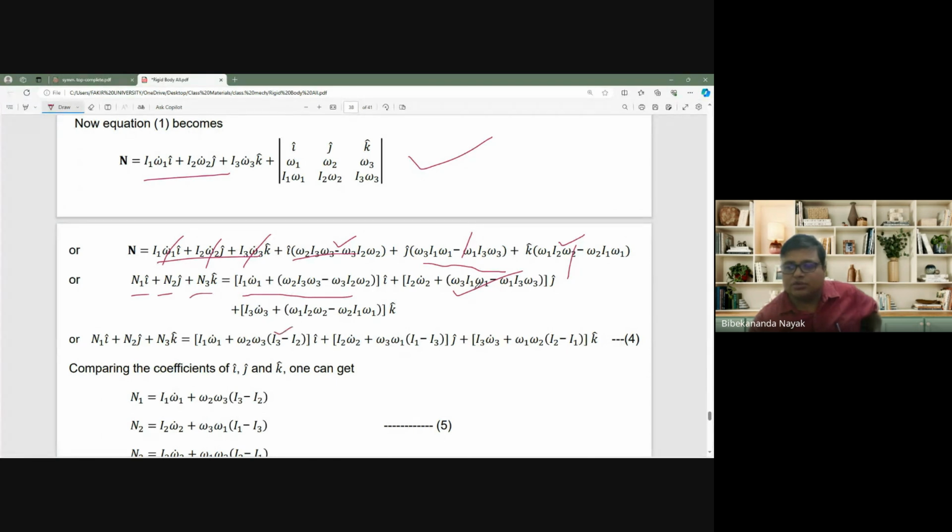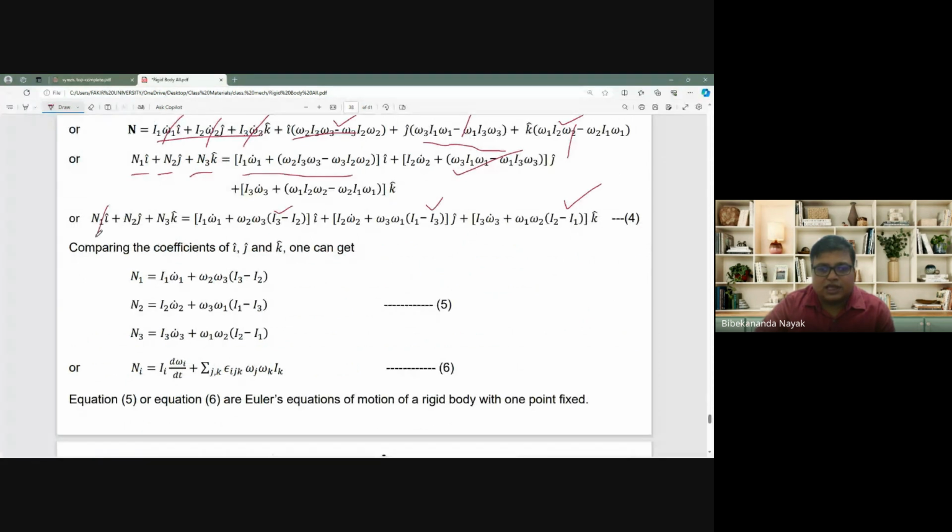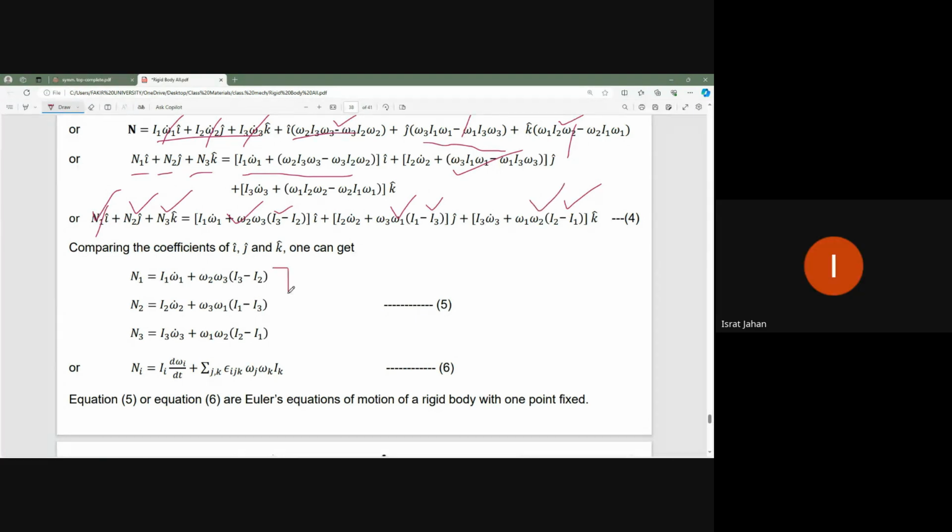Here omega 3 omega 1 taking common, I1 minus I3. Here omega 1 omega 2 taking common, it will be I2 minus I1. So comparing the coefficients, N1 must be equal to this quantity, N2 must be equal to this quantity, N3 must be equal to this quantity. I have written like this. Okay? Are you getting this point?